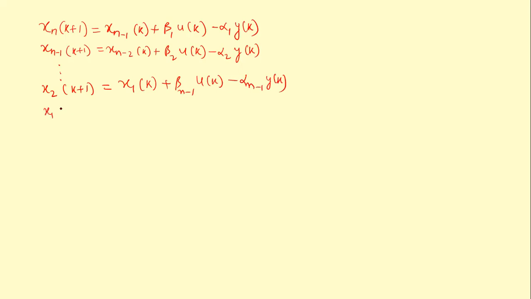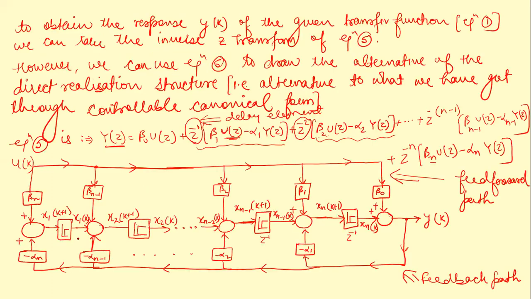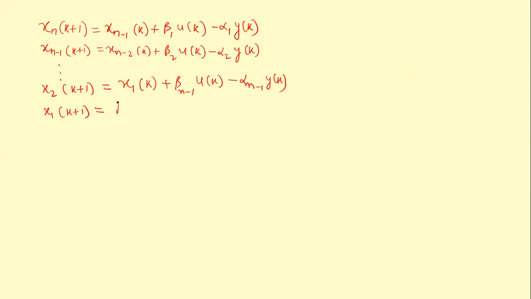And x1 k plus 1 is equal to, as you can see, beta n uk minus alpha n yk, right? So it is equal to this.